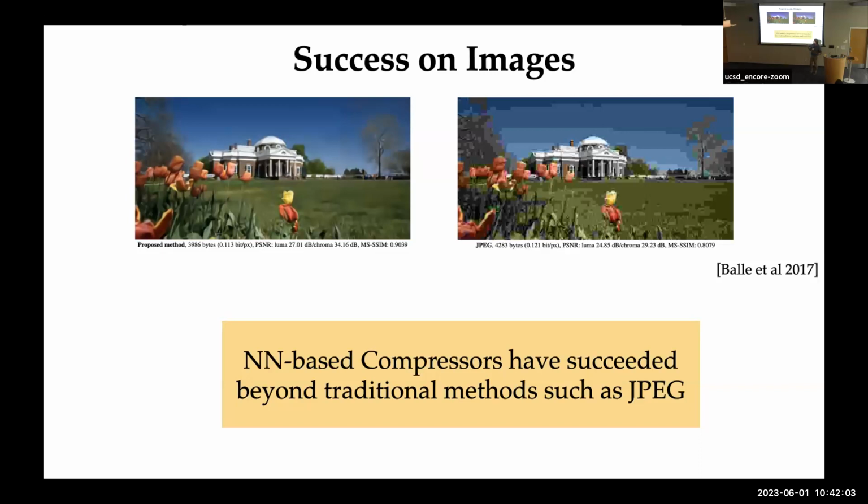And so one intuitive reason on why these neural compressors work well, at least on images, is that they have the ability to generate images. So here, for example, once the neural compressor figures out that there should be grass here on the green side, and it realizes it through the compressed bits, then it has the ability to draw grass, okay?